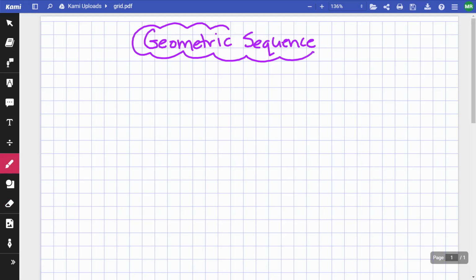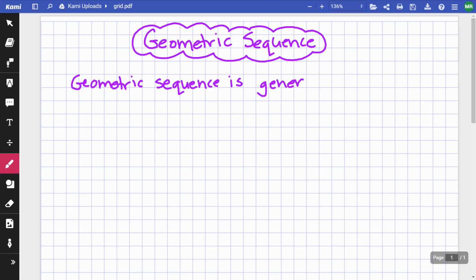A geometric sequence is generated by multiplying by the same number.